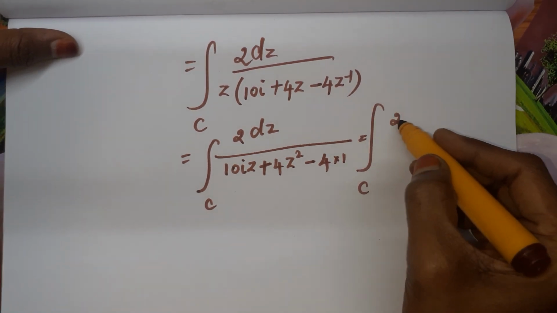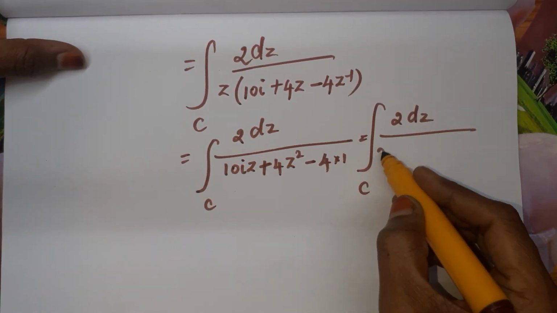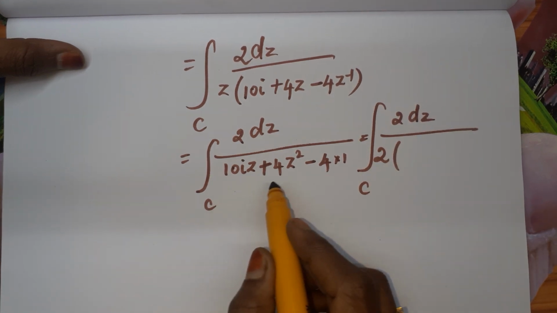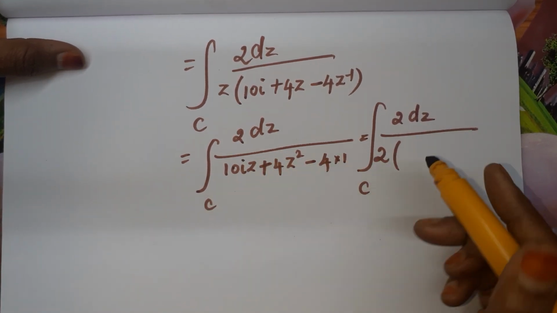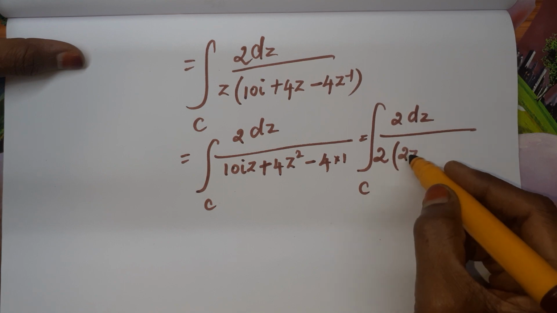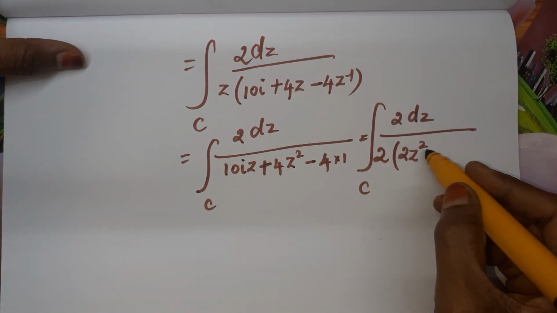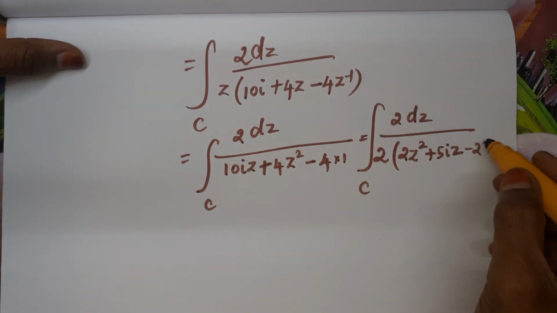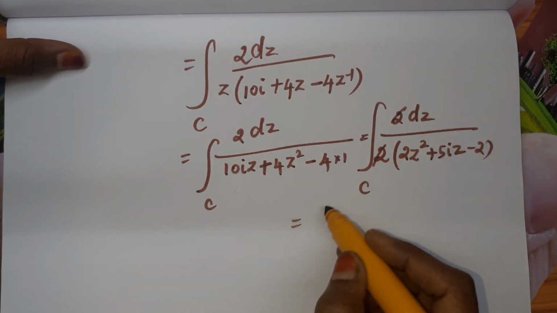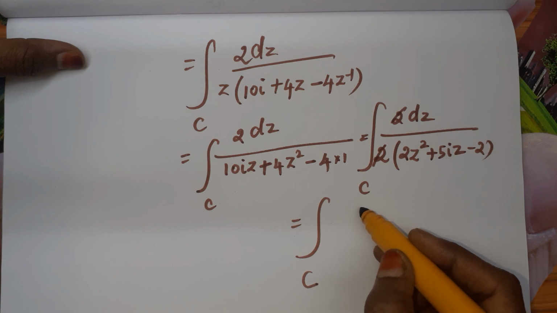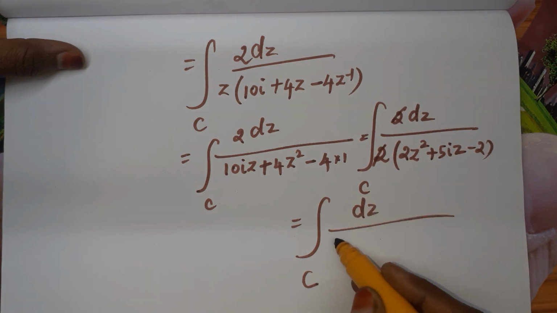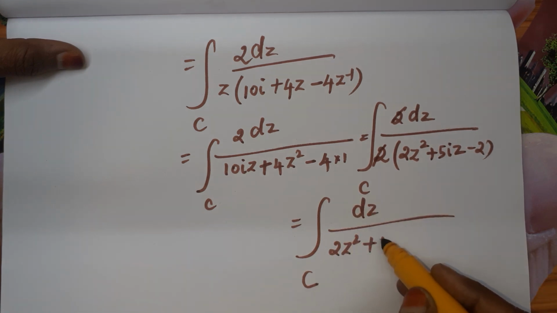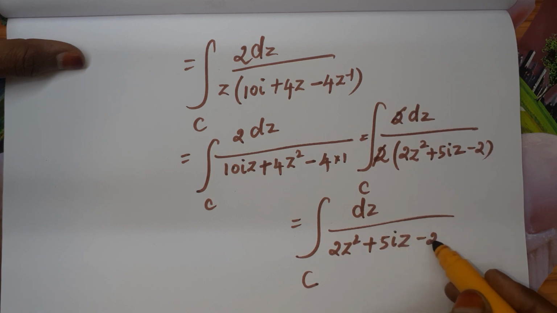The integral over C, 2 dz by 2, arranging the z squared term, z term and constant term in order: 2z squared, 5iz, and minus 2. I can cancel this 2. So finally what I have is the integral over C dz by (2z squared plus 5iz minus 2).